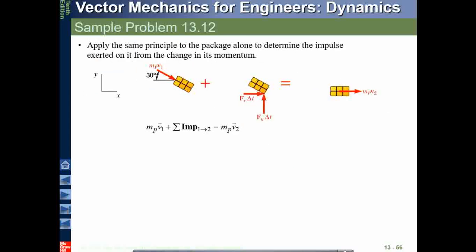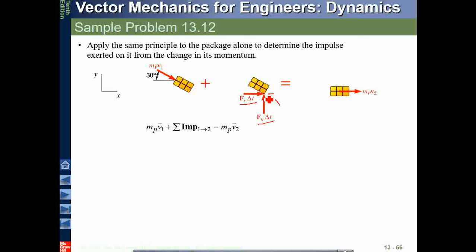So let's assume that this package has components Fx delta t and Fy delta t, these are the two components due to the reaction offered by the cart. Once this package is dropped at momentum mv1, the cart will be offering the impulse. So Fx delta t is this component, Fy delta t is this component.